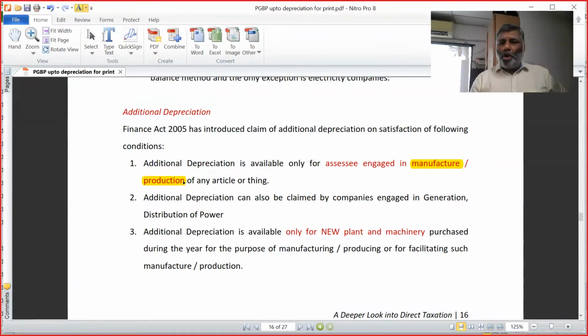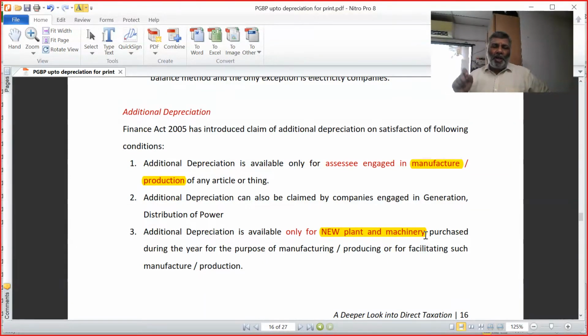So not for the trading sector, not for the service sector. Only for assessees in manufacture or production, which includes generation and distribution of power.